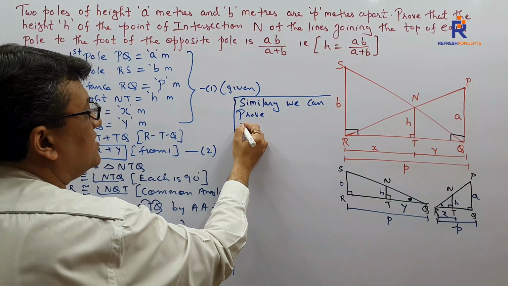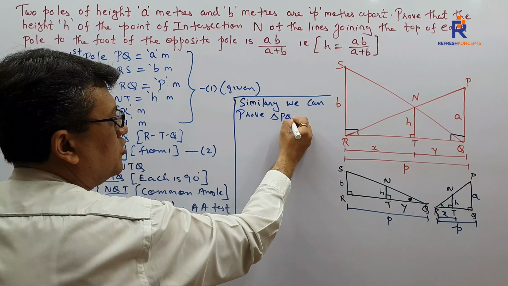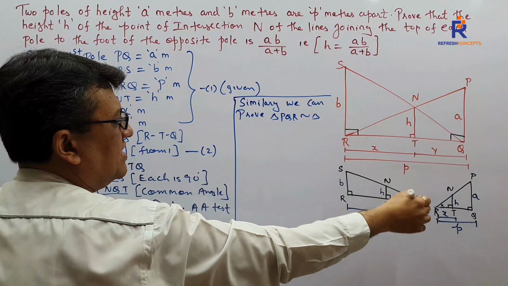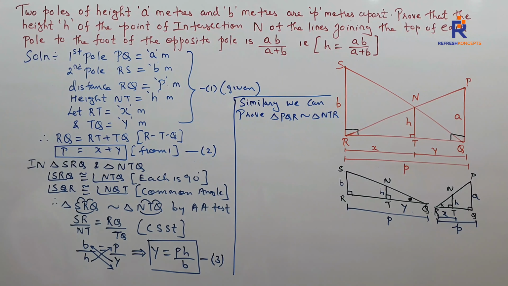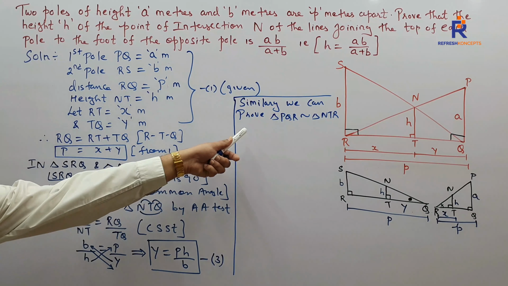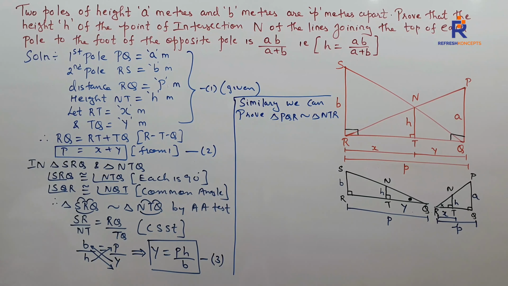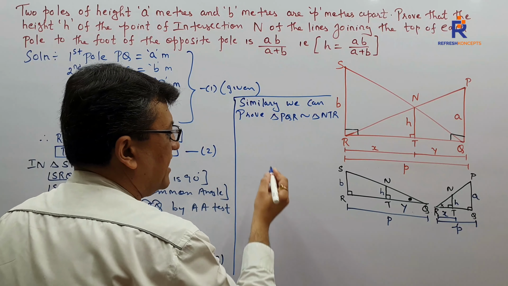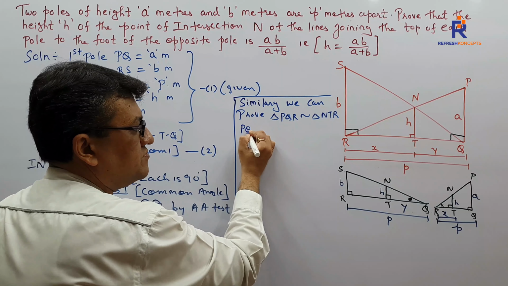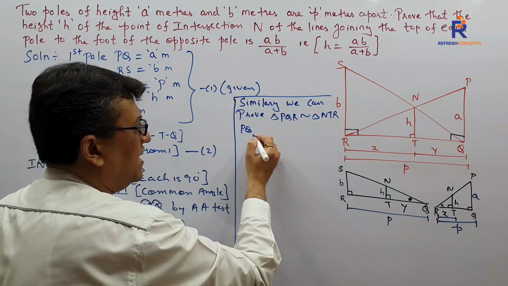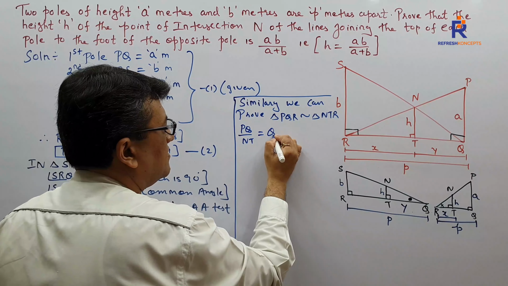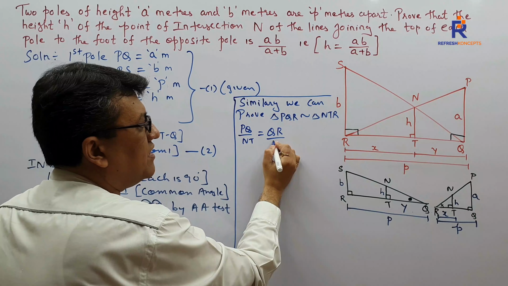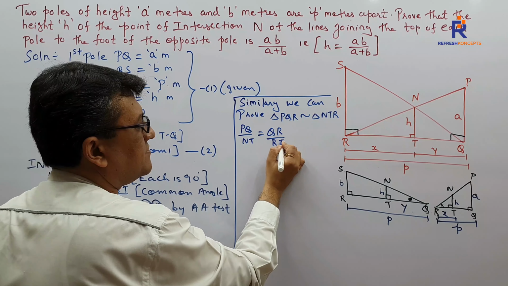Triangle PQR similar to triangle NTR. And if I work on the same lines, you will also get one relation. So what is that relation? PQ by NT is equal to QR by RT, CSST.